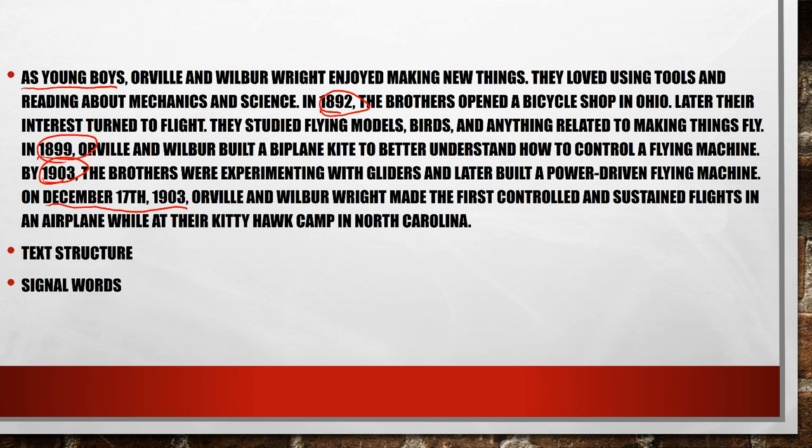I know it jumps from when they were young boys to when they were old enough to own a bicycle shop, but it's still telling us things in a specific order. It also talks about, we've got later here, which was one of our signal words to tell us that our chronological order is being followed.